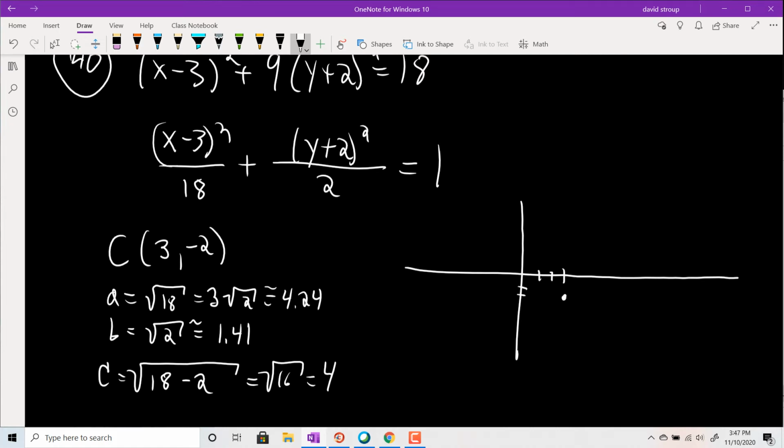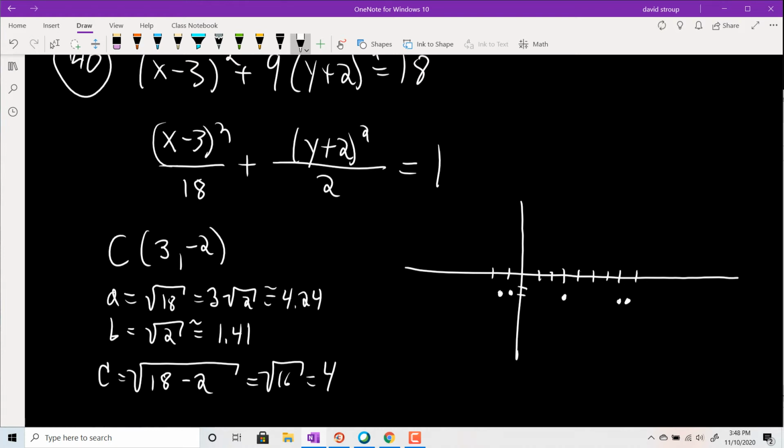And then to get to the vertices, I'm going left and right because of the orientation by 4.24. Okay, so 1, 2, 3, 4, 5. 4.24 is right here, about right there. For the c values, it's by 4, so 1, 2, 3, 4, and then 1, 2, 3, 4.